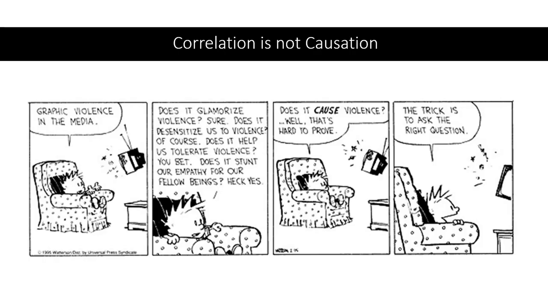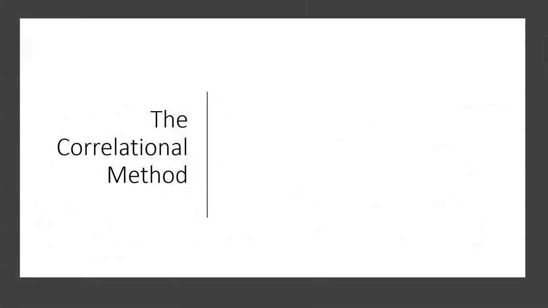You can show that there's a correlation between exposure to media violence and actual violent behavior. It is a correlation. We know that they predict each other. Media consumption in general tends to be associated with aggressiveness, but it's associated. The cause part has to be tested using an actual experiment. So let's dig into the correlational method.